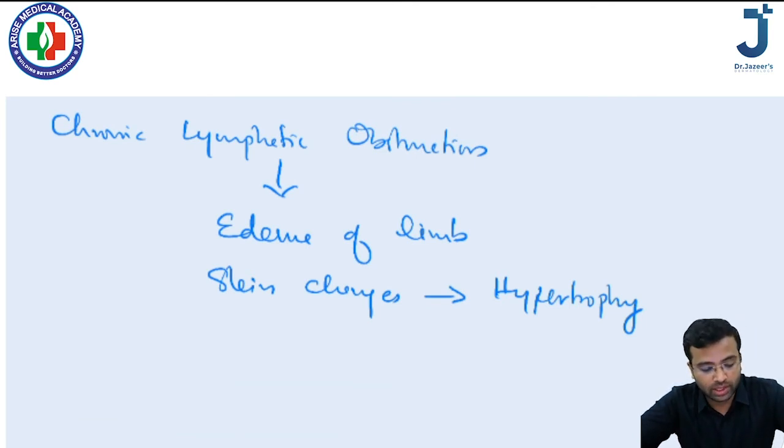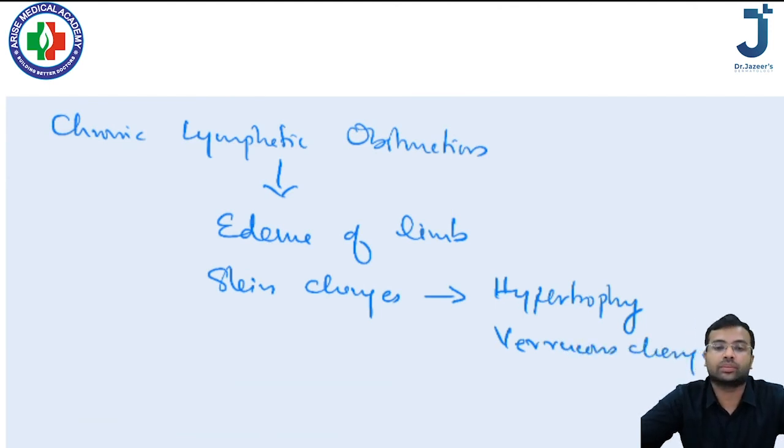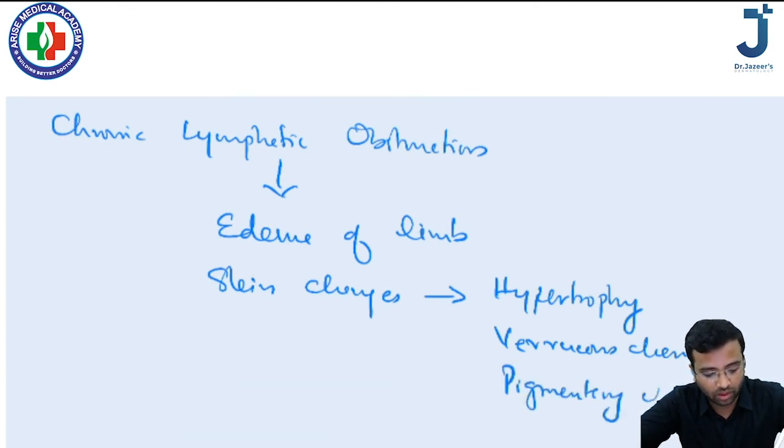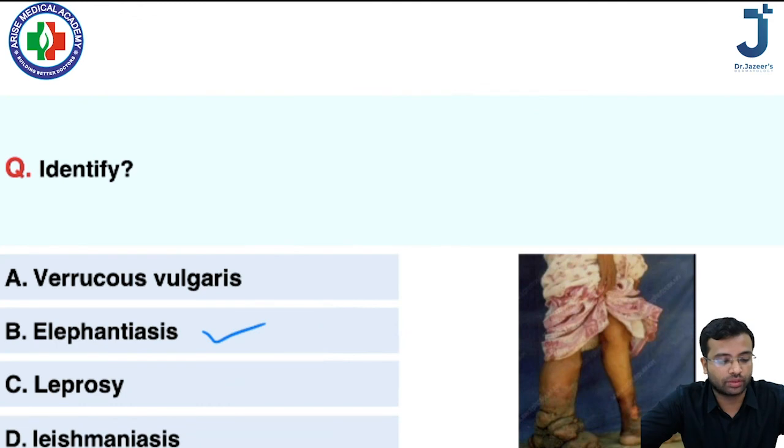You will also be able to see some verrucous changes over the skin. So hypertrophy, verrucous changes and pigmentary changes are all seen in long-standing cases of elephantiasis. So here the answer would be elephantiasis and none of the other options fit into it.